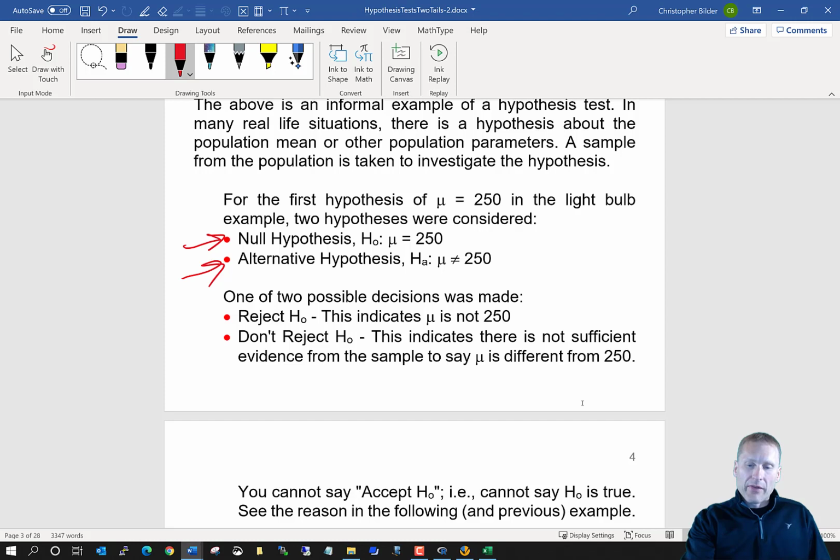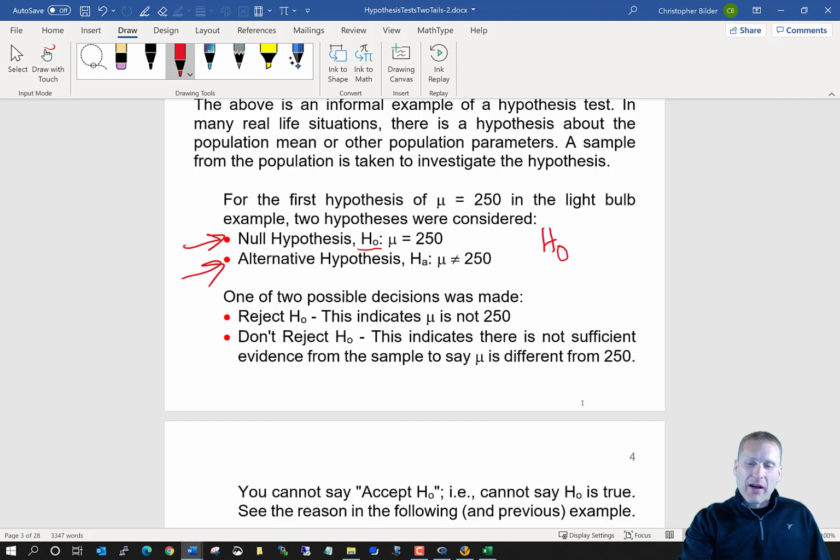Our null hypothesis in a symbolic form is denoted by H-naught, so 0 in the subscript, colon, mu equal 250. Some people will also write this as H with a subscript 0. Even though they put a 0 there, most people will still pronounce it as H-oh.